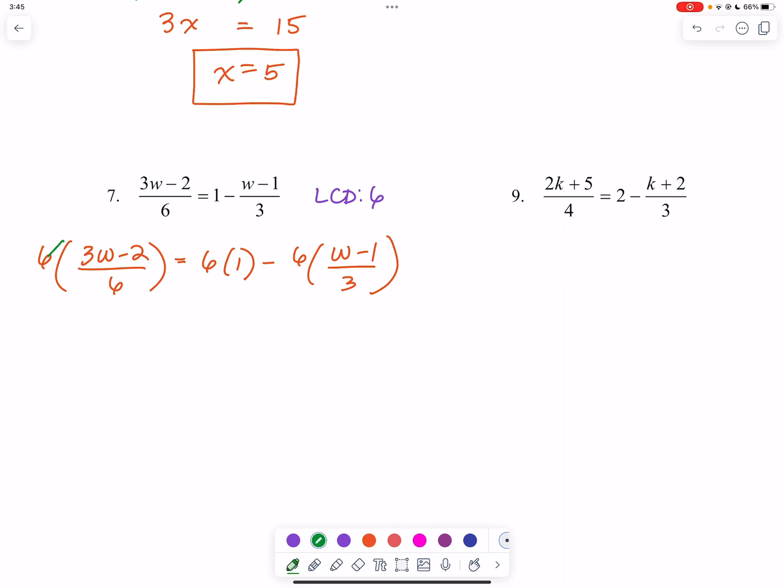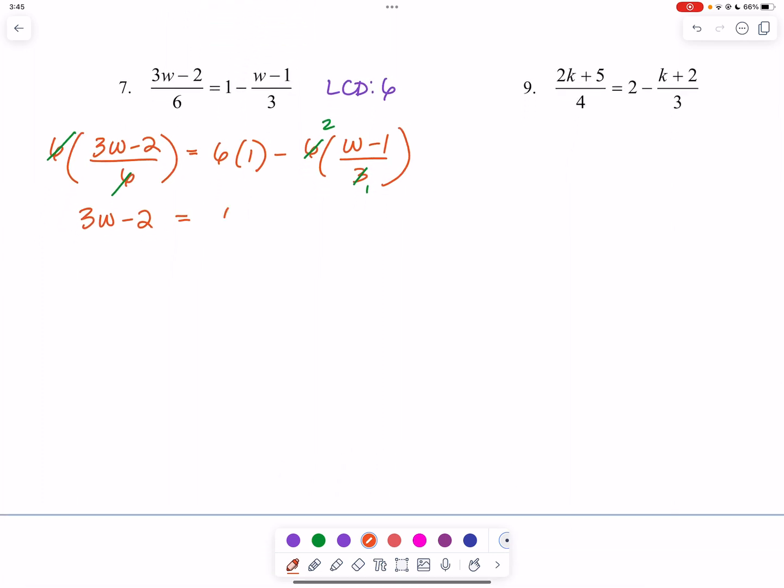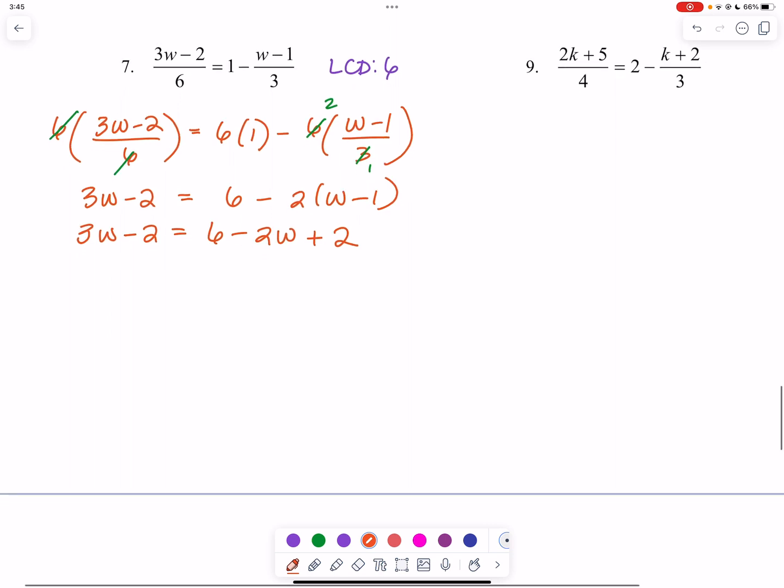And here our 6's cancel, and here we end up with 6 divided by 3 is 2. So here we have 3w minus 2 equals 6 minus 2 times w minus 1. Let's go ahead and distribute that 2, and that is a negative 2, so now that becomes a plus 2.